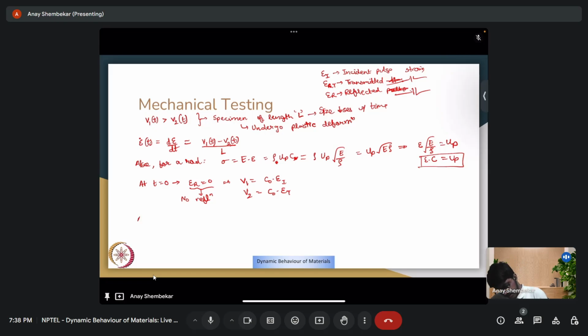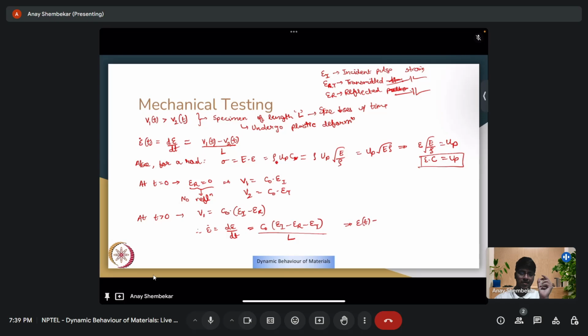So at t greater than 0, your V1 is C naught times epsilon I minus epsilon R. Therefore, epsilon dot, which is d epsilon by dt, ends up becoming C naught times epsilon I minus epsilon R minus epsilon T, upon L. Which means epsilon as a function of t, for the overall specimen deformation, is C naught by L times the integral of epsilon I minus epsilon R minus epsilon T dt from 0 to T. This refers to the strain of the specimen.